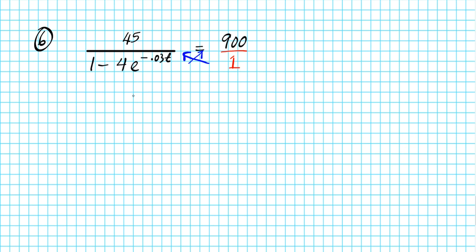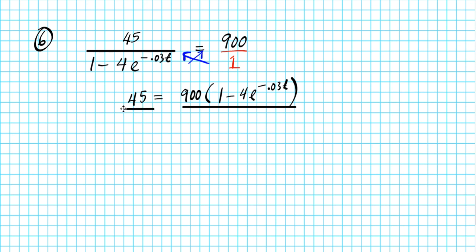When we cross multiply, we'll have 45 equals 900 times 1 minus 4e to the negative 0.03t. This looks much better now. Why? The term with the variable exponent is now in the numerator. That's preferred.